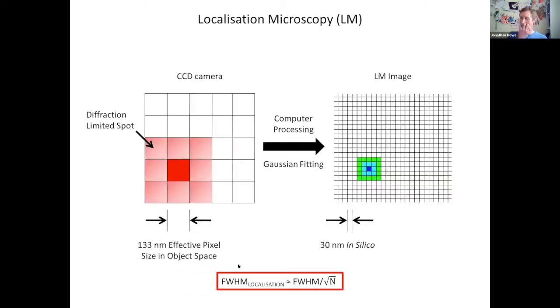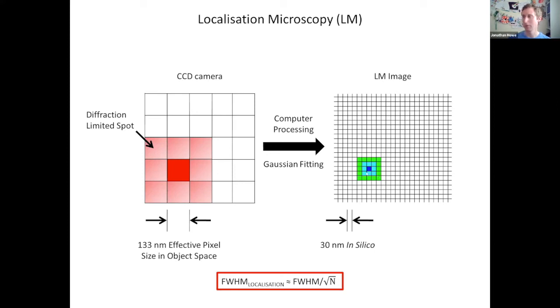So in practice, what happens is you take many, many images, a time series of tens or even 100,000 images on a camera, maybe a CCD camera. And then for each time point, what you need to do is locate, so find the spots, and then fit those spots to find their centroid position.